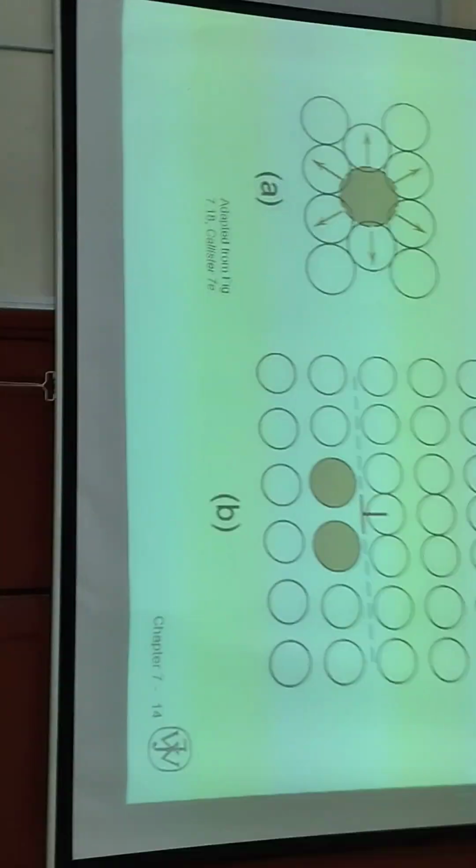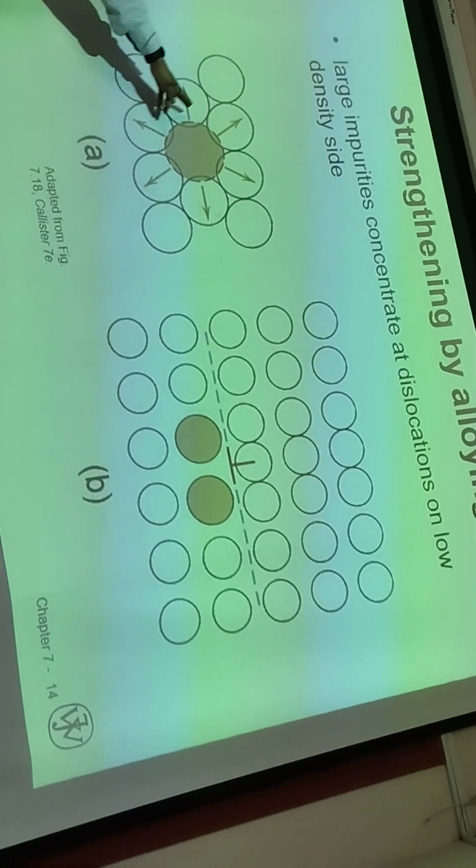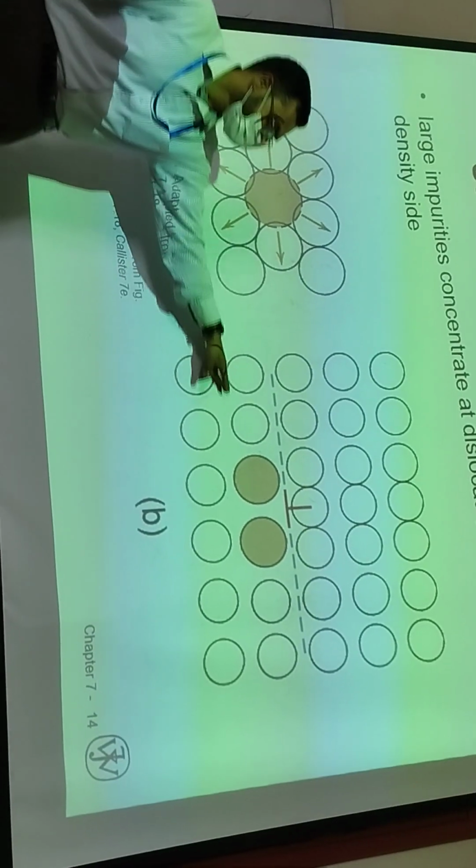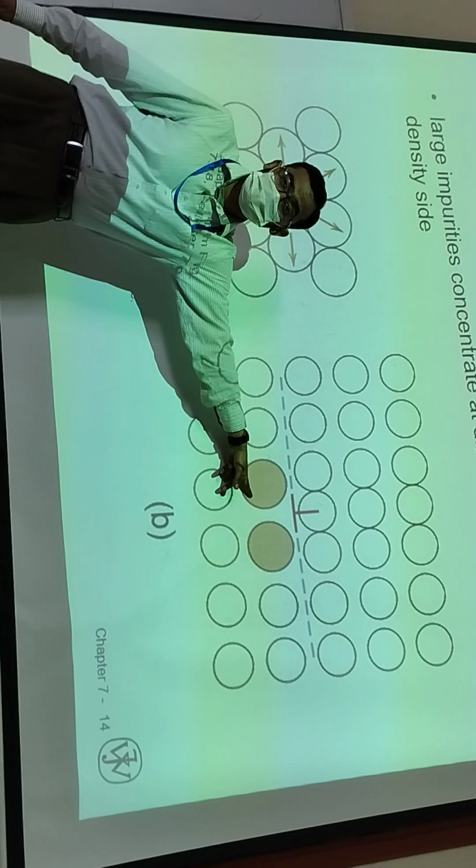Then we have larger atoms, for example, nickel in iron. Nickel is slightly larger than iron, so it is going to occupy the opposite side.